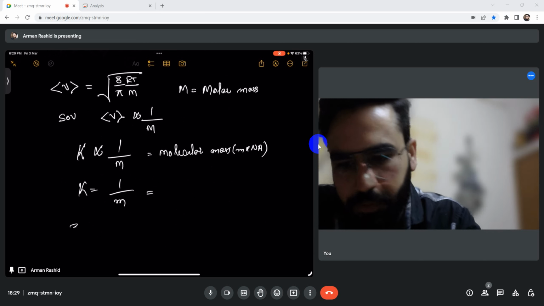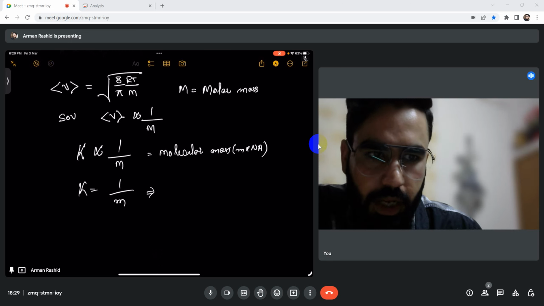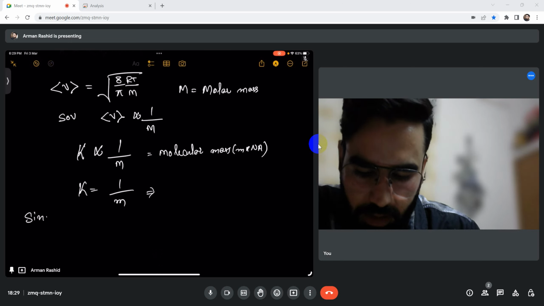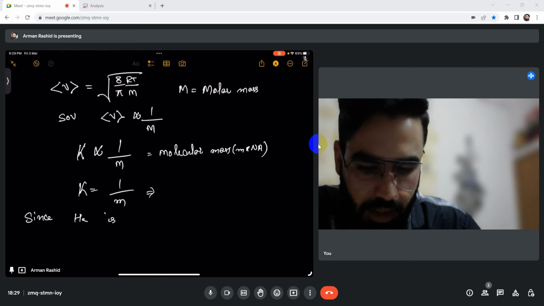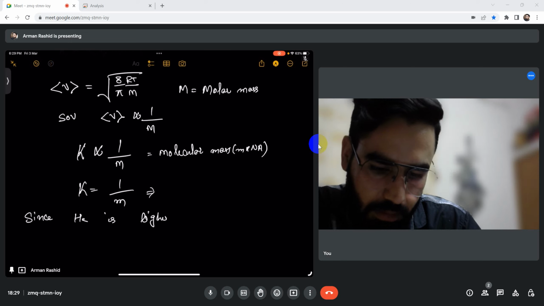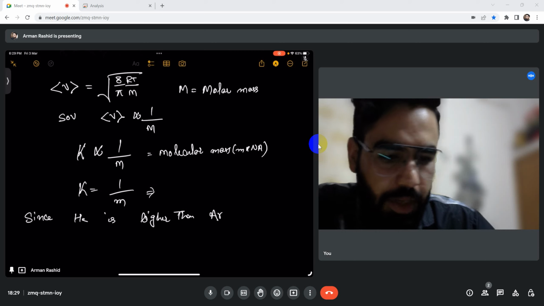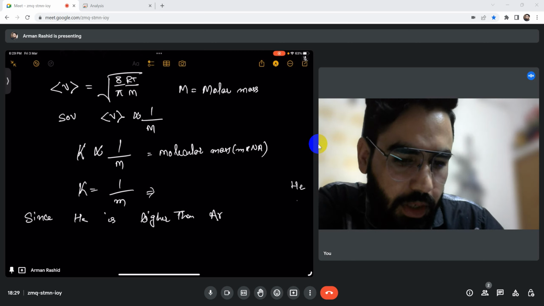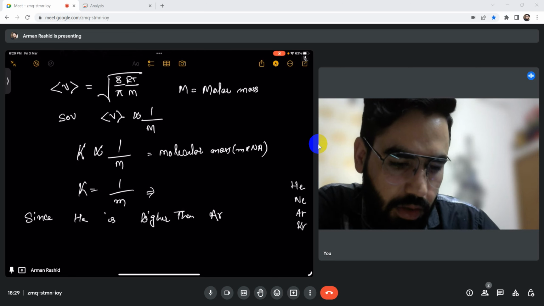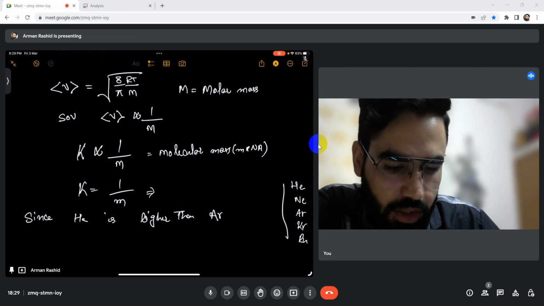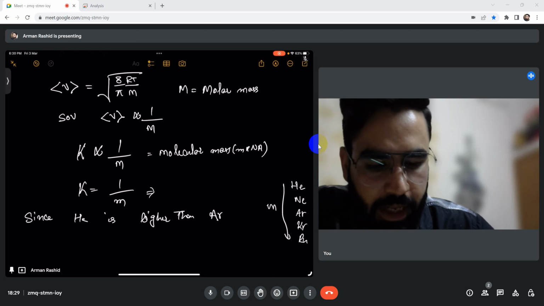Now we know that helium gas is lighter than argon. If we see the periodic table, we see helium, neon, argon, krypton, radon, and the molecular mass increases going down. So helium is lighter than argon.